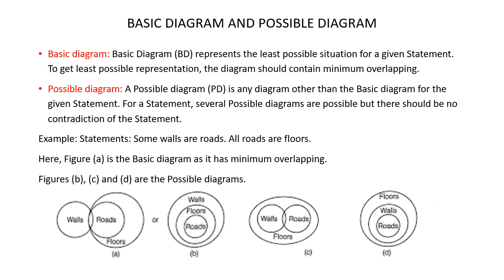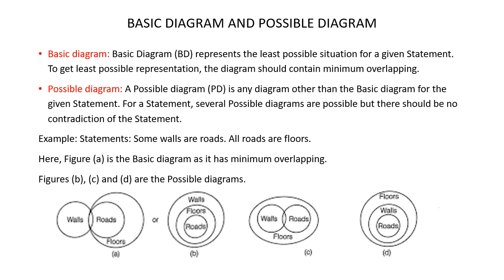So you can see that in this possible diagram, the statements are not violated. Now let's look at this possible diagram. Here, walls and roads are intersecting circles and these are inside floors. Now as you can see here, since there is an intersection here, it means that some walls are roads. And since roads are inside floors, this means that all roads are floors. So here also the statements are not contradicted.